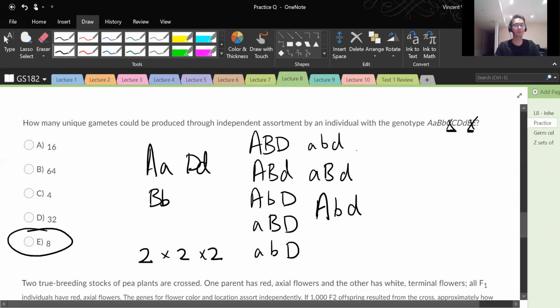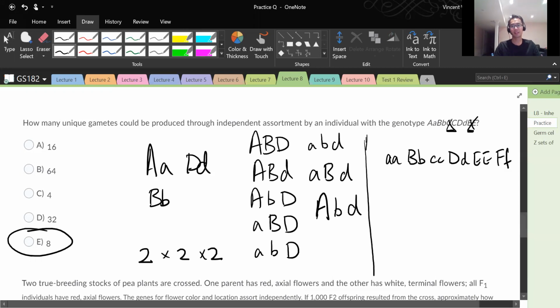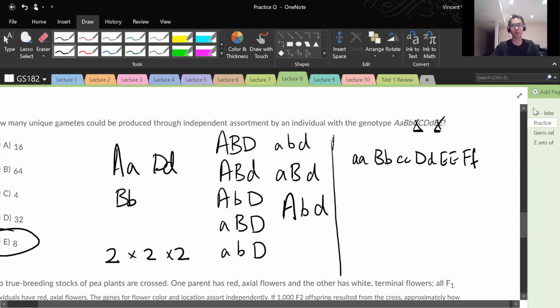Should we do another one just in case? All right, let's say we have AA, BB, CC, DD, EE, and then FF. How many different possible outcomes for this one?